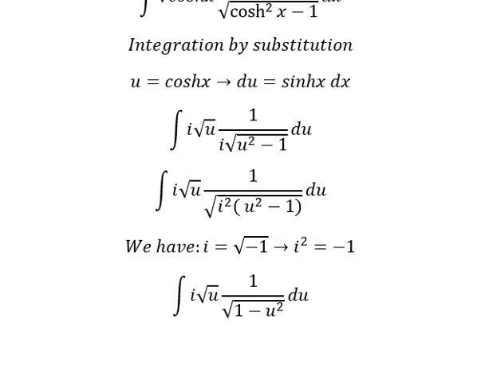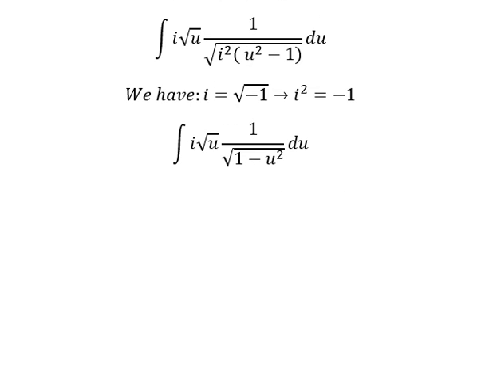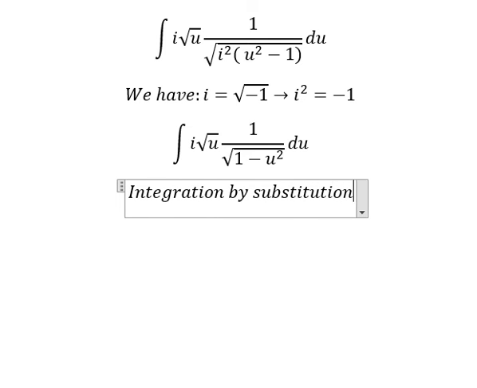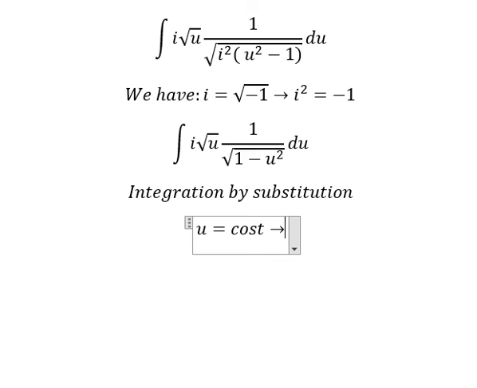Next, we can use integration by substitution. So I will put u equals cosine t. Later, we need to first take the derivative of both sides and we have negative sine t dt.